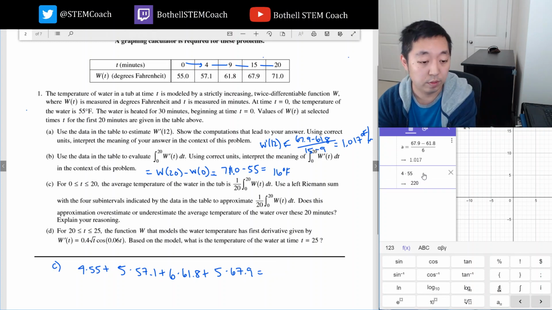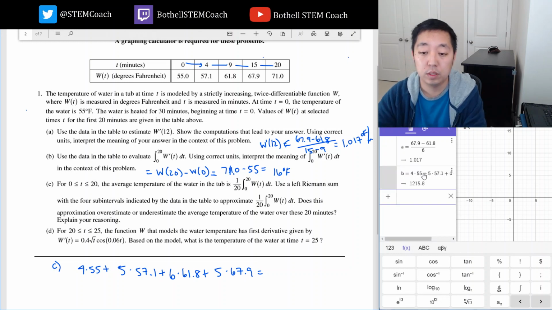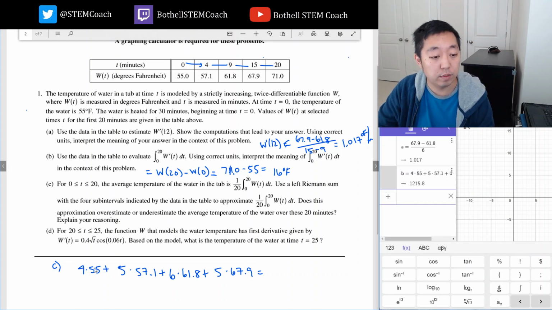So 4 times 55 plus 5 times 57.1 plus 6 times 61.8 plus 5 times 67.9. Now I have to divide all of this by 20, because that's what they wanted.